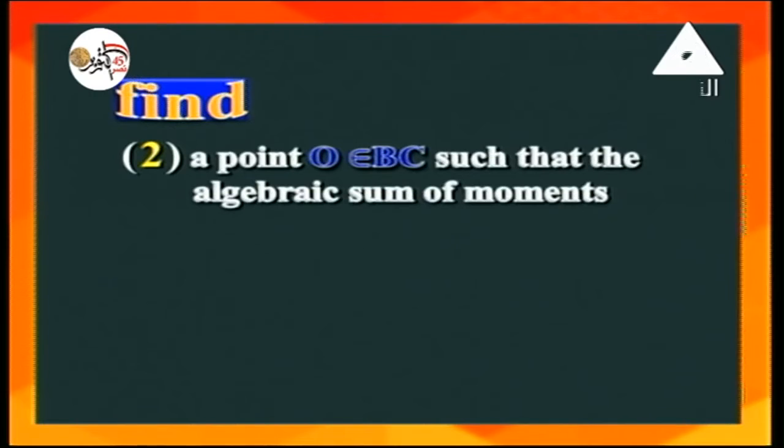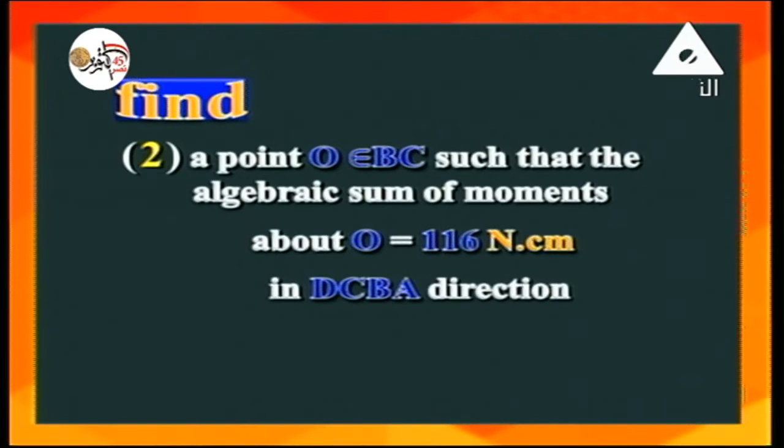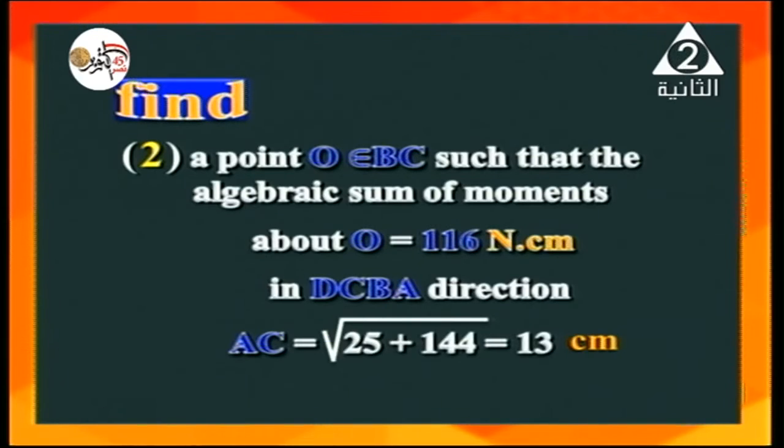Number 2, find the point O belonging to BC such that the algebraic sum of moments about O equals 116 Newton centimeter in the DCBA direction. AC, remember, equals square root of 25 plus 144, which is 13 centimeter.